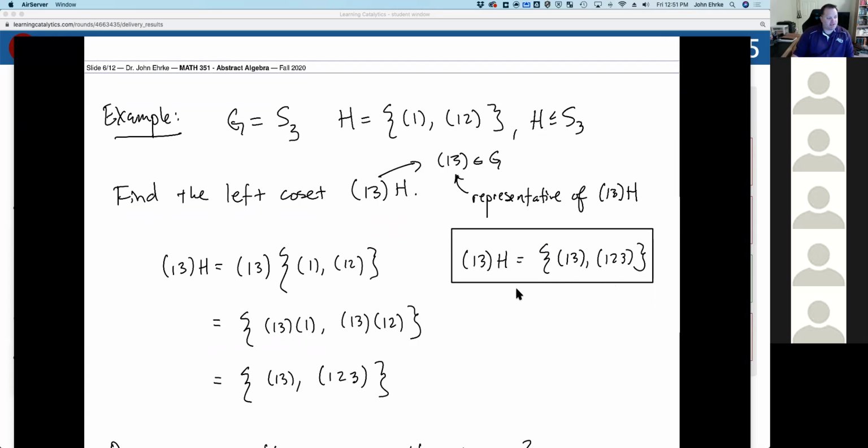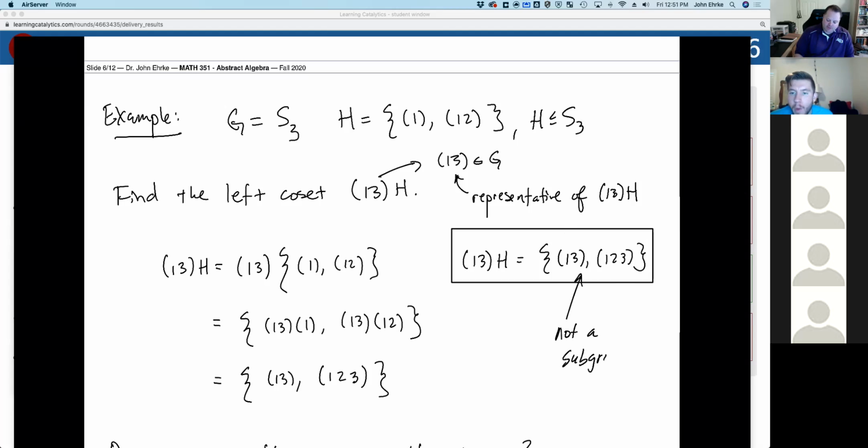No, because it doesn't contain the identity. It also doesn't contain the inverse of (1 2 3), which is (1 3 2). So this thing is not a subgroup.